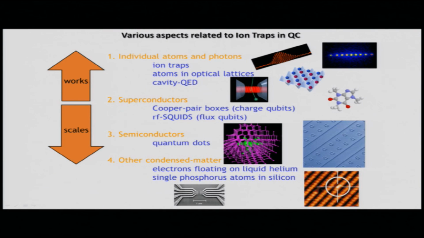So if we look at the various aspects related to ion traps in quantum computing, this is what we have in principle, where the idea of individual atoms and photons doing the job is what we have concentrated on and discussed over the last few weeks. We showed the ion traps or the atoms in optical field. We have not quite discussed the cavity QED part, but we have alluded to it here and there.